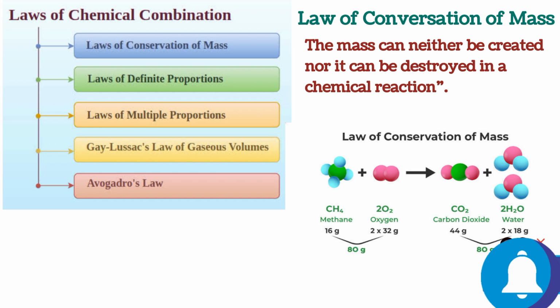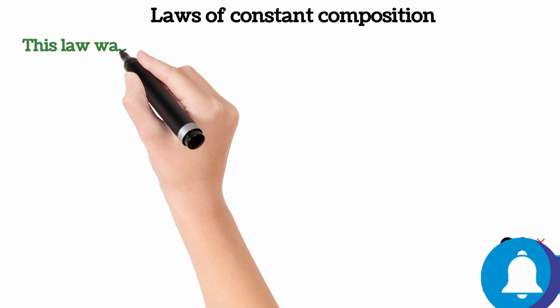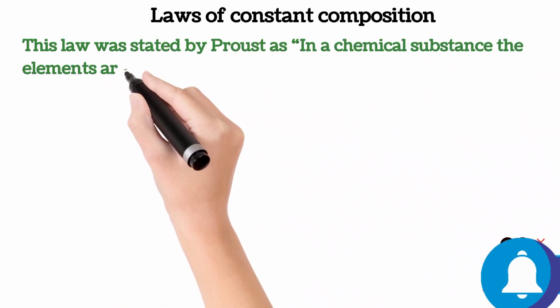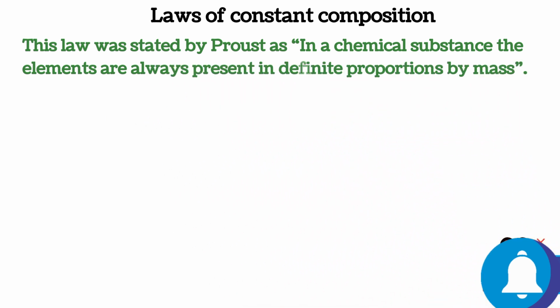So ladies and gentlemen, let's look also at the next law, which is the law of definite proportions. It's also a law that guides how chemical reactions take place. Okay, so the law of constant composition, or the law of definite proportion, states that in a chemical substance, the elements are always present in definite proportions by mass.